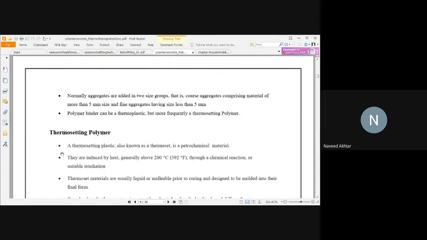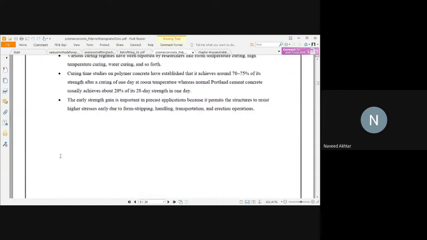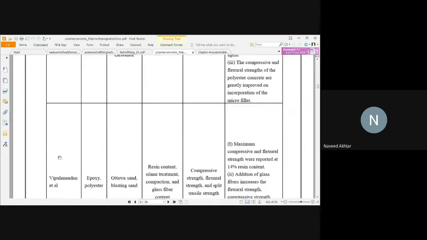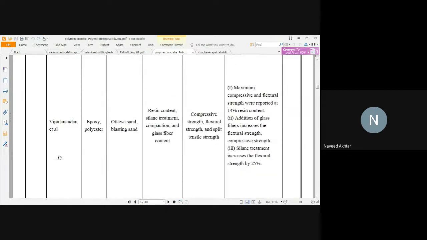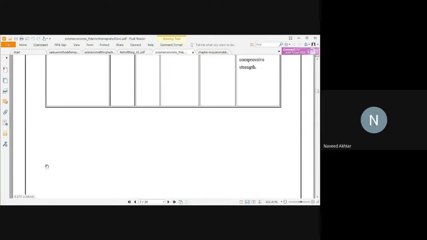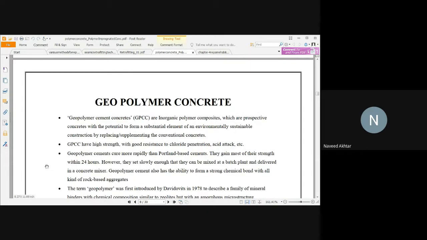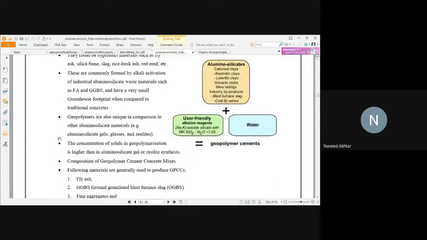For polymer concrete, we have already seen geopolymer concrete in the previous class, how the fly ash is activated with the activator solution, sodium silicate and sodium hydroxide, and the hydration takes place through the activator polymerization process, and the hardening of concrete is done under temperature.